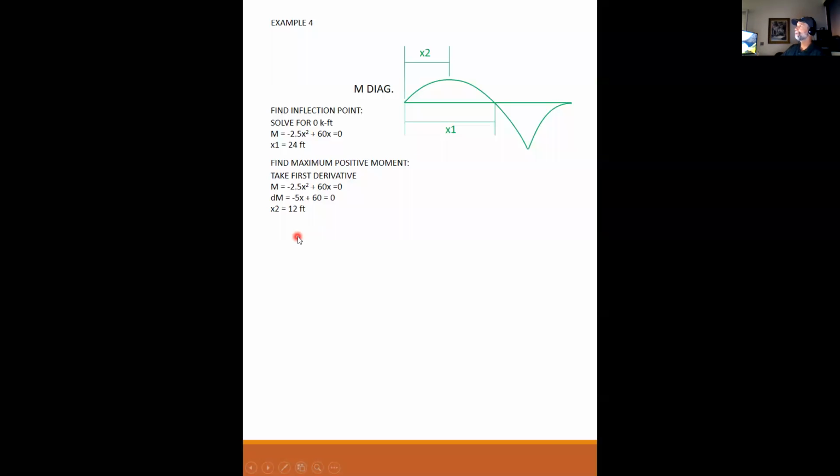Where the shear equals 0 is where the moment diagram equals a maximum at 12 feet. So now I can find the maximum moment of 360 kip feet by taking 12 and plugging it back into my equation. So minus 2.5 times 12 squared plus 60 times 12 is equal to 360.